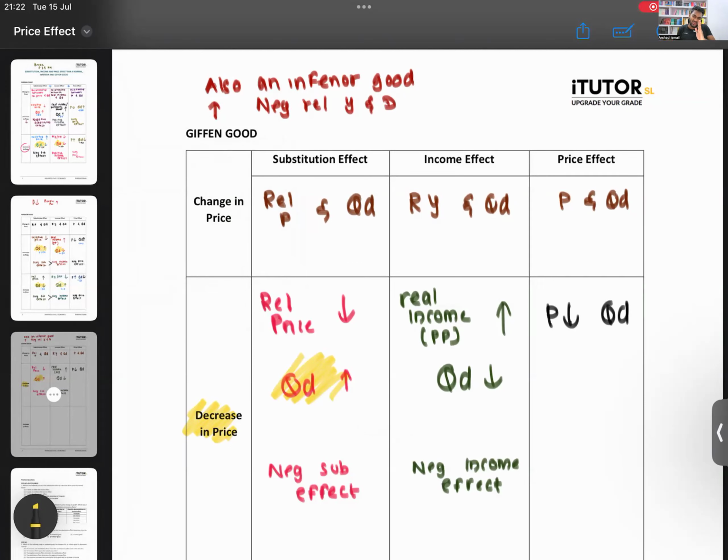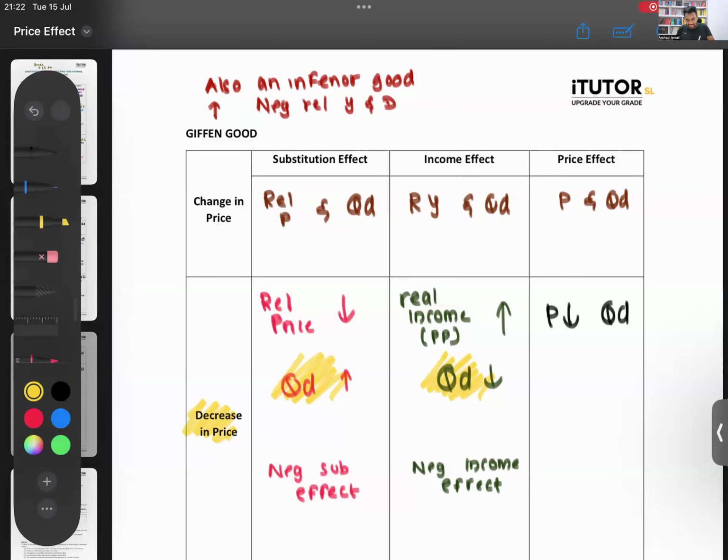Income effect is saying, no, based on us, QD has to reduce. Again, they are clashing. Now, who is more dominant? Is it the negative substitution effect or the negative income effect? Now, the income effect is more powerful here, Lamai, in a Giffen good. The negative income effect is more powerful.